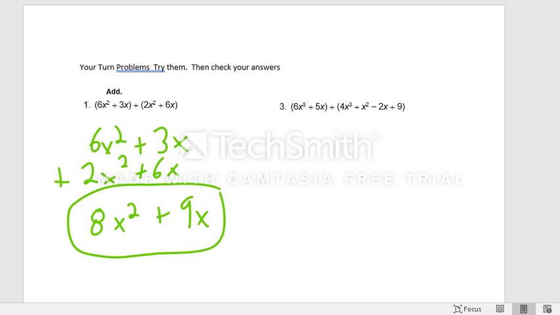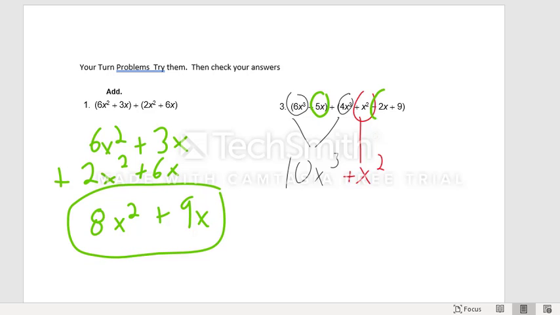I'll also do this one horizontally just so you can kind of see that. Look for your like terms, 4x cubed and 6x cubed. Add that together, 10x cubed. Look for an x squared. There's only the one x squared. It does not combine with anything.